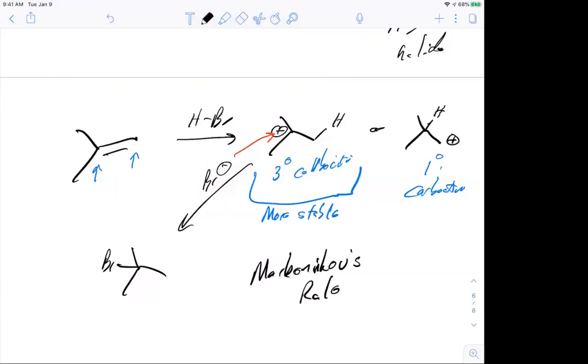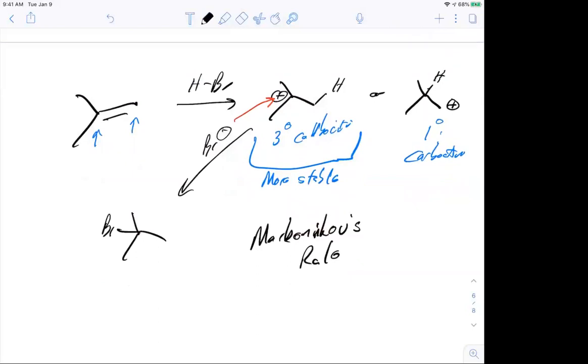Markovnikov's rule is stated, if you read the book, as the result of the product, but the result of the product is based on the stability of the carbocation. So when we're doing this, remember that you're adding the electrophile to one of two sides, right? In this case, the electrophile is the hydrogen. That then results in formation of the most stable carbocation. Okay? This is known as Markovnikov's rule, and will give us a substitution at the most stable side.